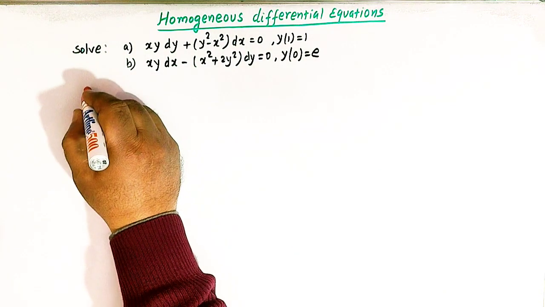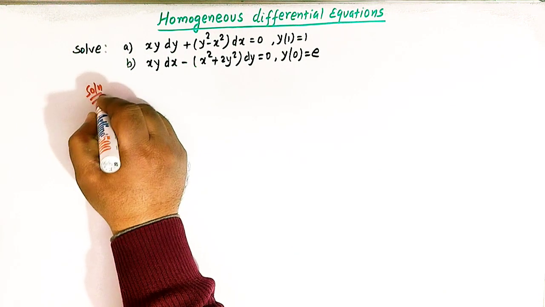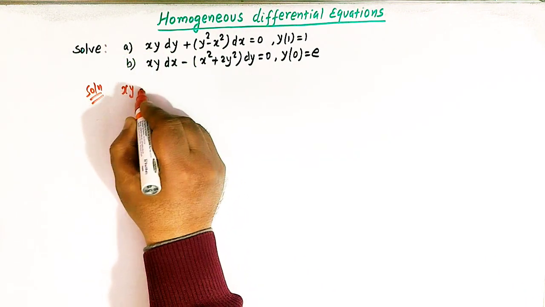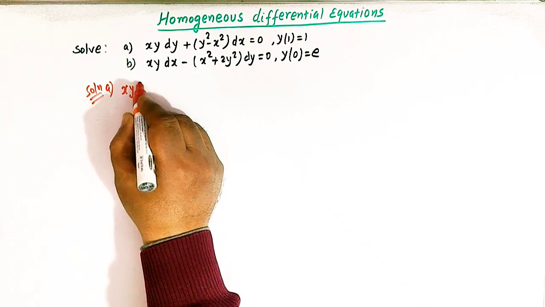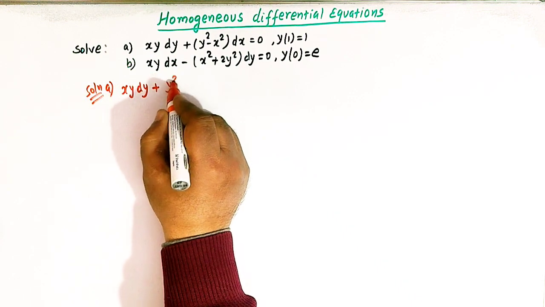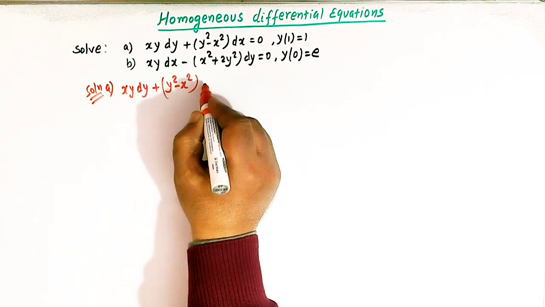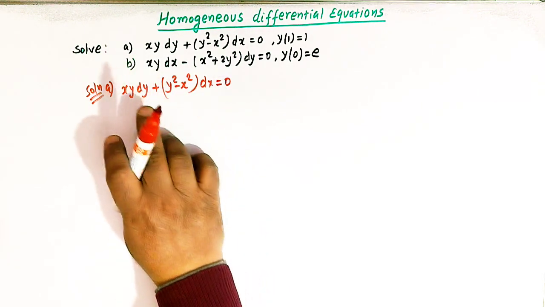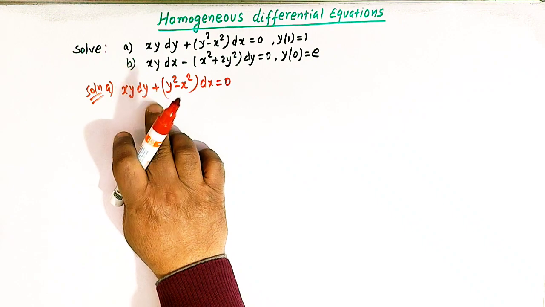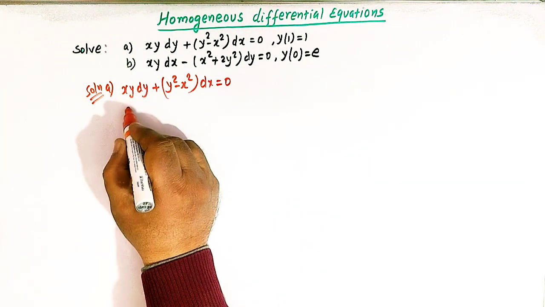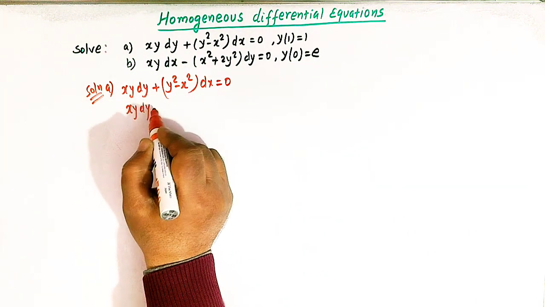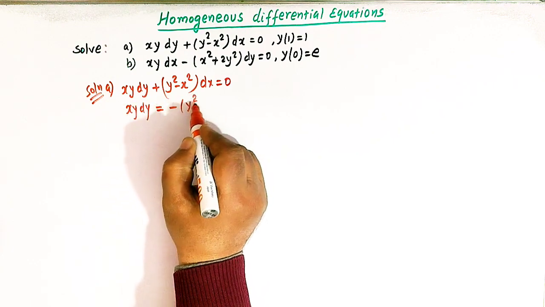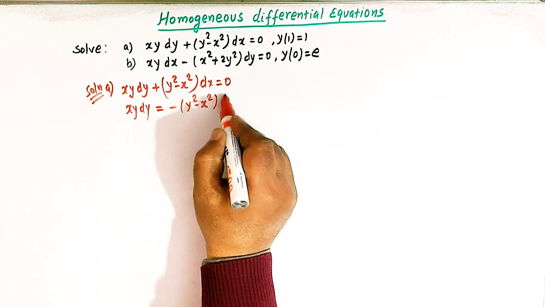So now let us first take this equation: xy dy plus (y square minus x square) dx is equal to 0. Now we can first express this differential equation like this: xy dy is equal to negative of (y square minus x square) dx.